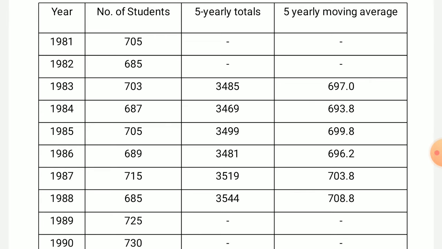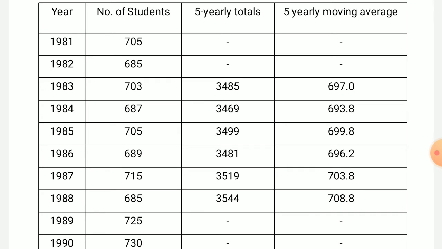So therefore 3485 divided by 5 is equal to 697.0. 3469 divided by 5 is equal to 693.8. 3499 divided by 5 is equal to 699.8. 3481 divided by 5 is equal to 696.2. 3519 divided by 5 is equal to 703.8.